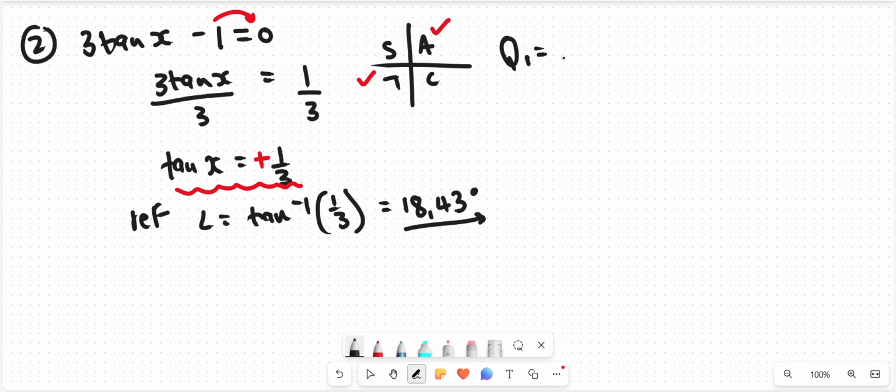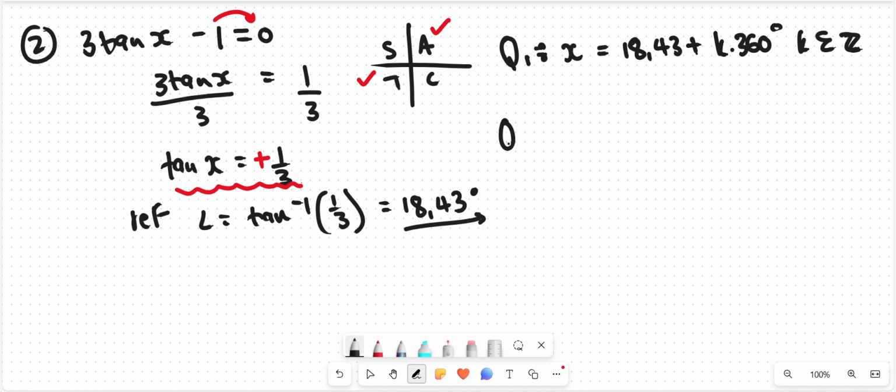And in quad number 1, I always know that whatever variable I'm solving for, x is equal to my reference angle plus K360. So in this case, it will just be 18.43 plus K360, where K is obviously an element of integers.